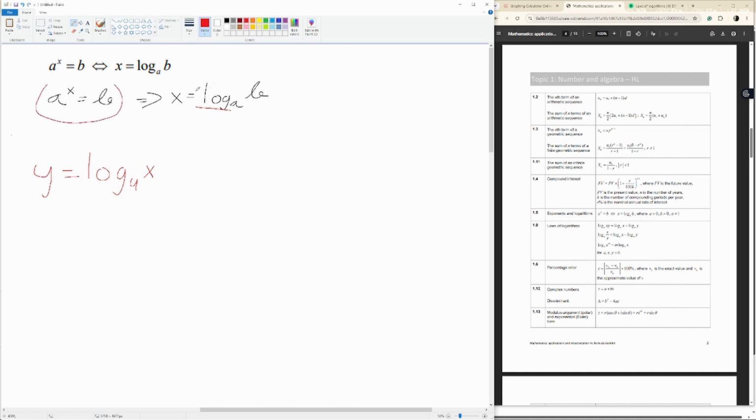To remove the logarithm from the function, you know from your formula that you can just rewrite it as x is equal to 4 to the power of y.